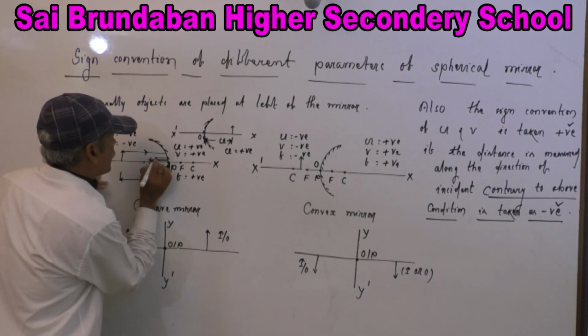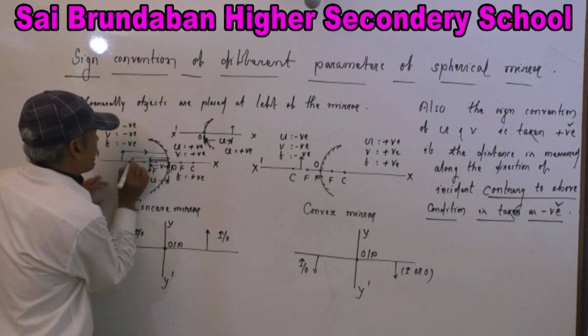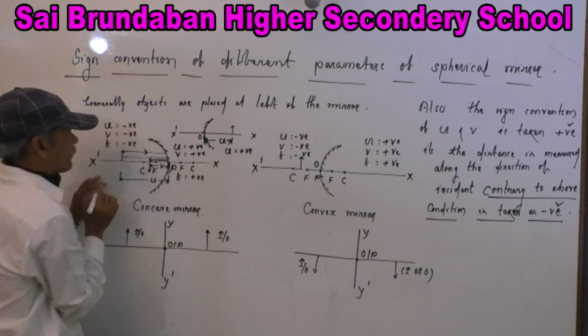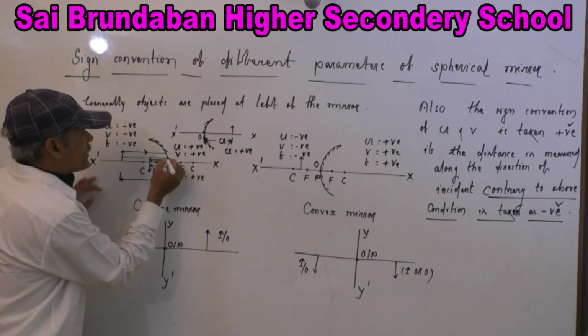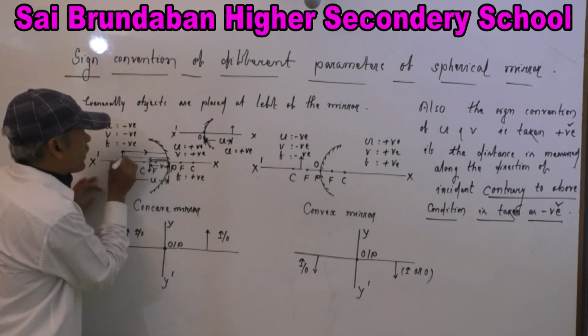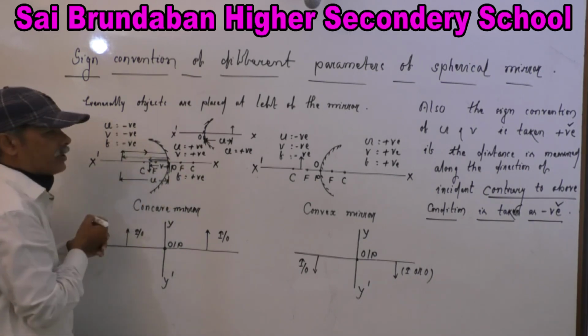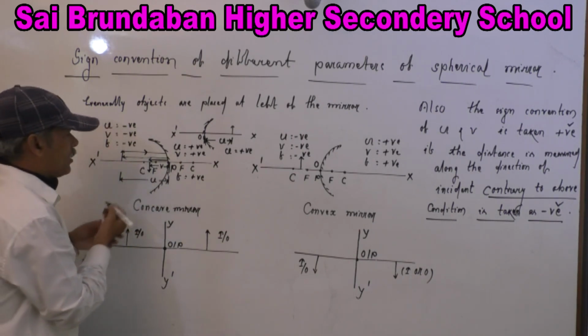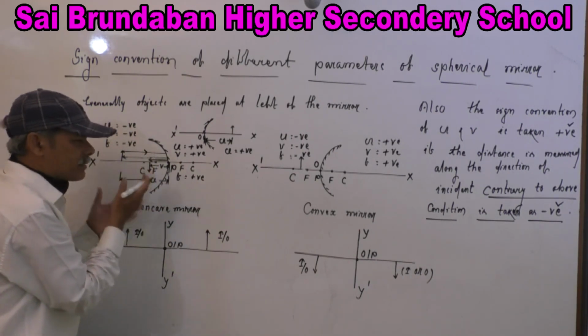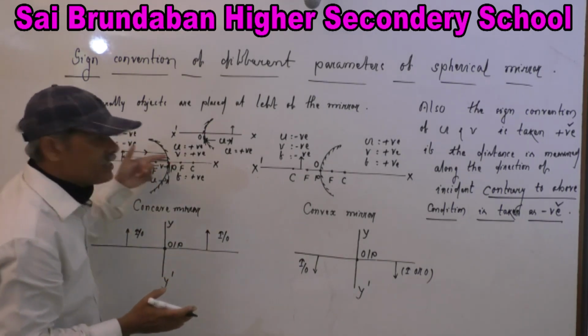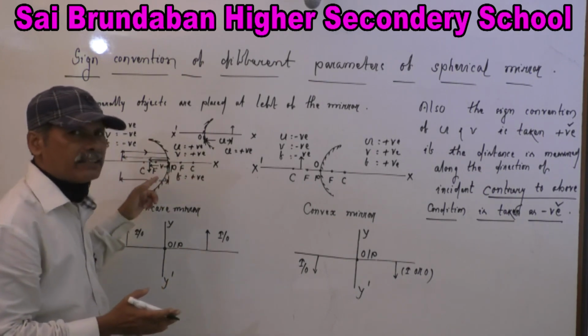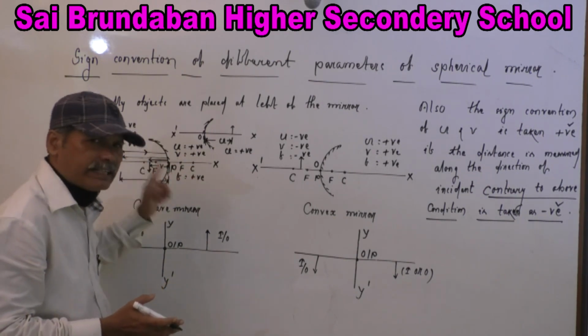The same thing, we are measuring the object distance from the pole to the point where the object is situated. We measured it in this direction. That's why U is also negative. So if the measurement is taken contrary to the direction of incident ray, then the lengths are treated as negative.